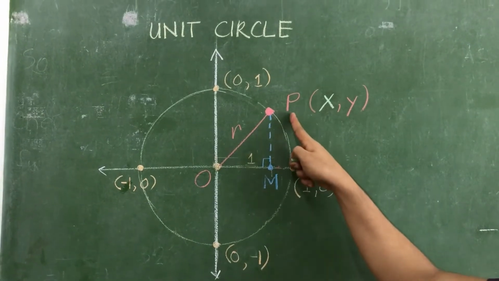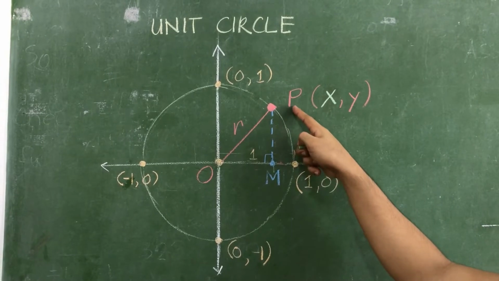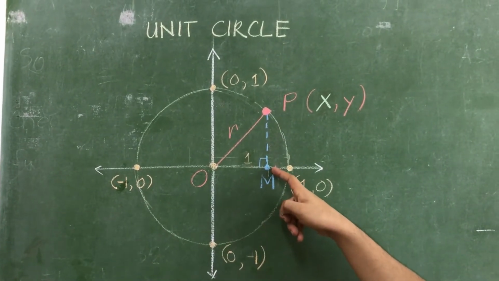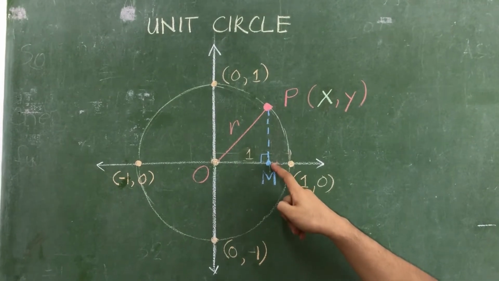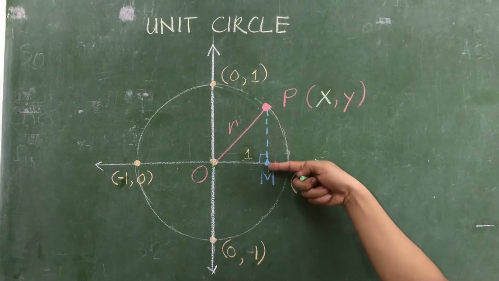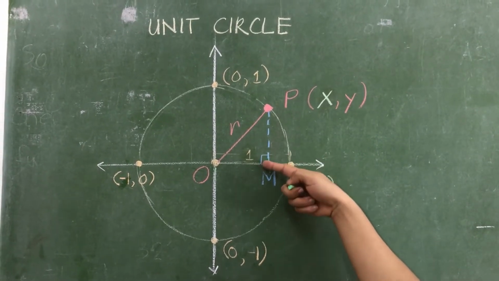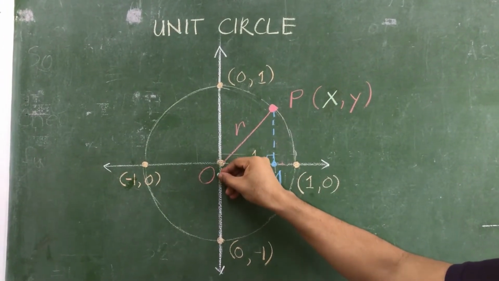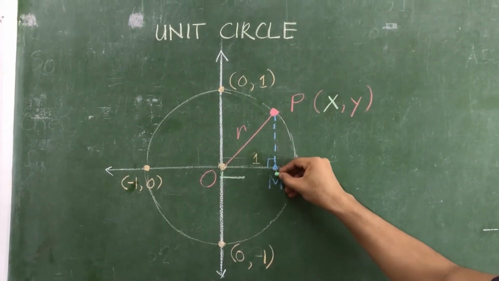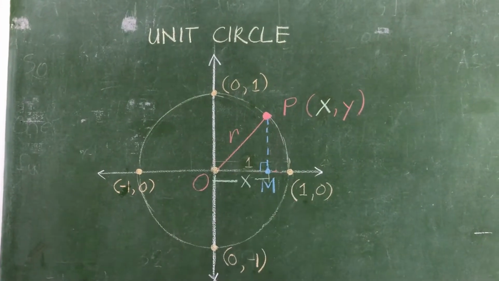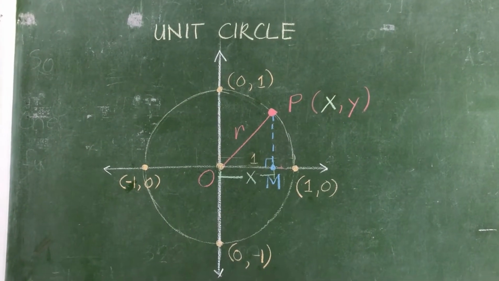Now, how do we illustrate the coordinates of point P with regards to the unit circle? Remember that a while ago, I created point M, and this point M is the point of intersection of the x-axis and the imaginary vertical line. That is why we have a right triangle here. This x-coordinate represents the length or the distance of point M to O, or OM, length OM.